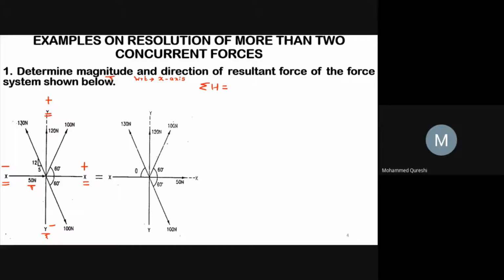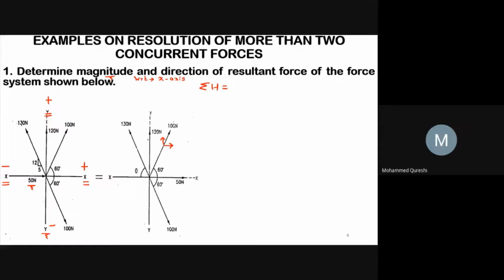Now we have 100 Newton making an angle 60 degree with x-axis. So it has two components. This will be your 100 cos 60 and this will be your 100 sin 60.